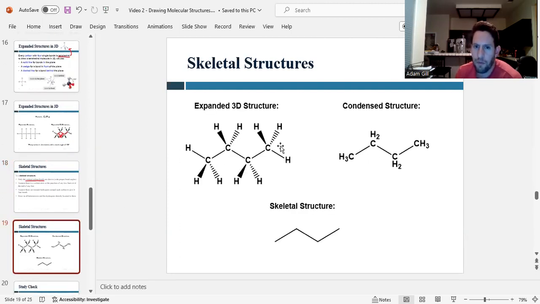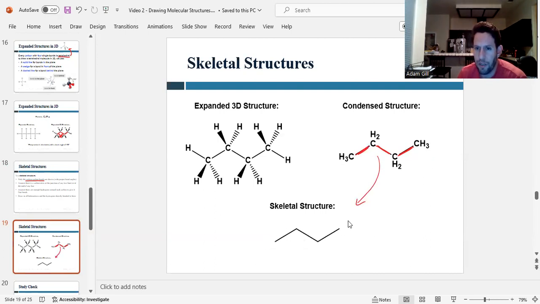Here's our C4H10 in expanded 3D. Now, if we were to condense this structure, we would have CH3 connected to CH2, connected to CH2 to CH3. Now, notice the carbon-carbon bonds here. That's our carbon skeleton. And if we took that carbon skeleton, that would be the skeletal structure.